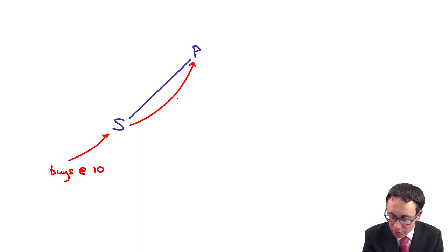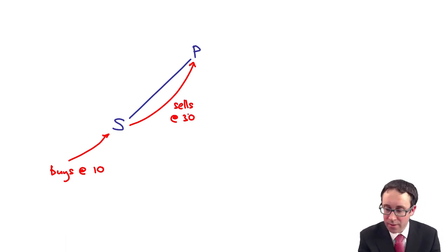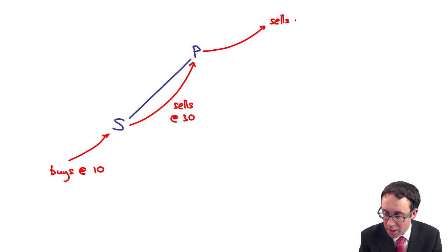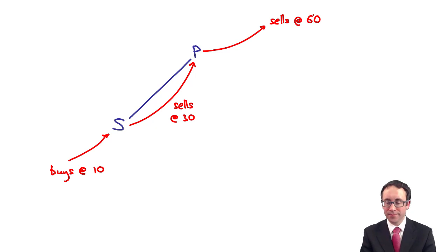S then sells them, shall we say, at 30. And then P sells them outside of the group at 60.